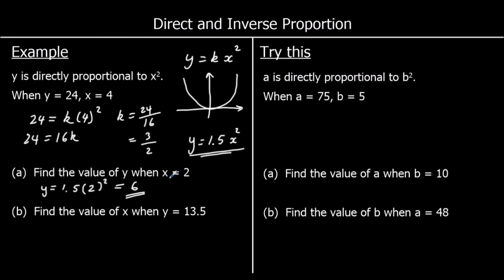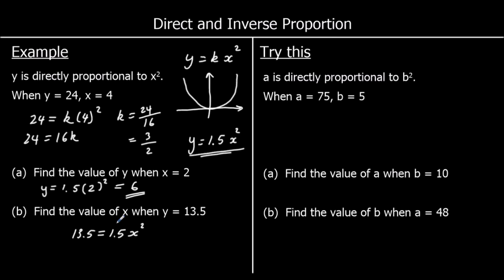Part B, find the value of x when y is 13.5. So change y to 13.5. 13.5 equals 1.5 times x squared. If we divide both sides by 1.5, how many 1.5s go into 13.5?